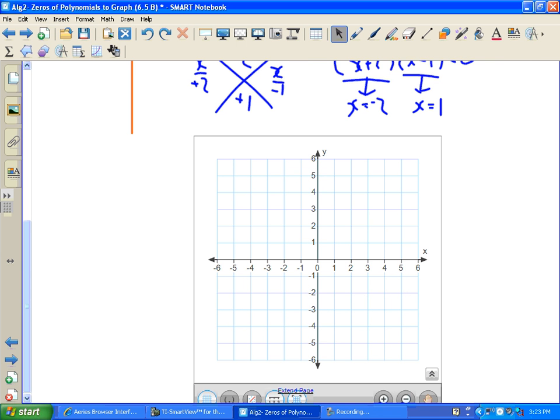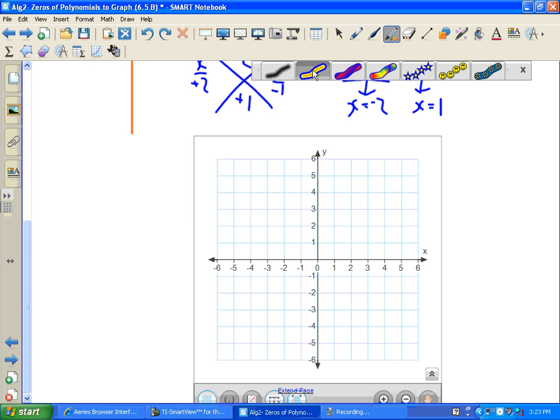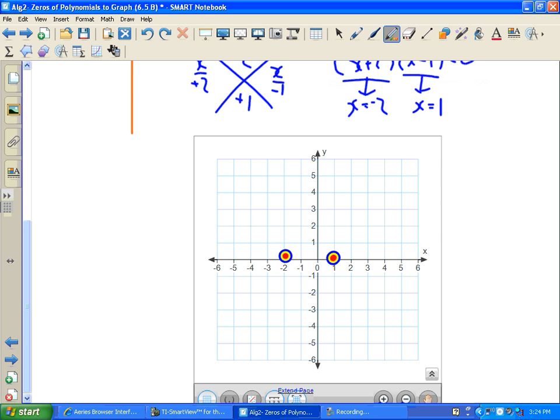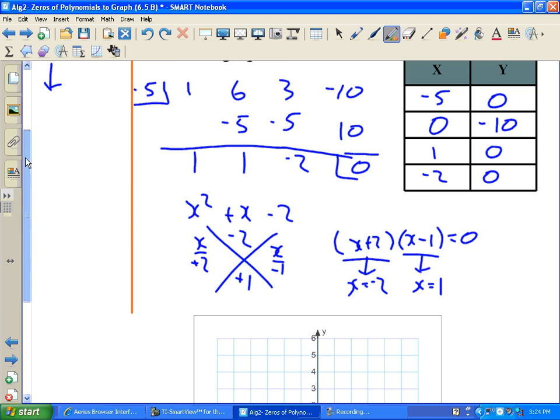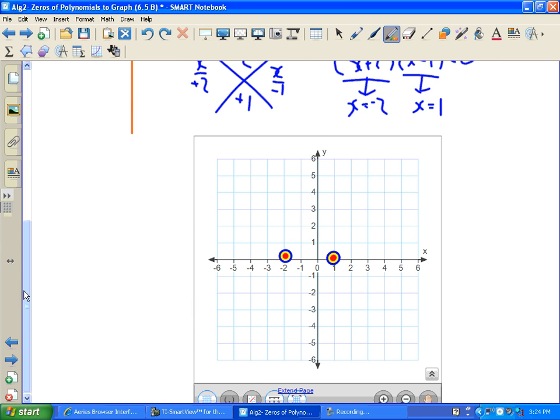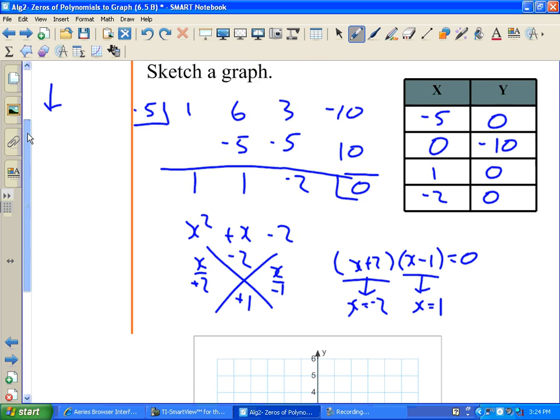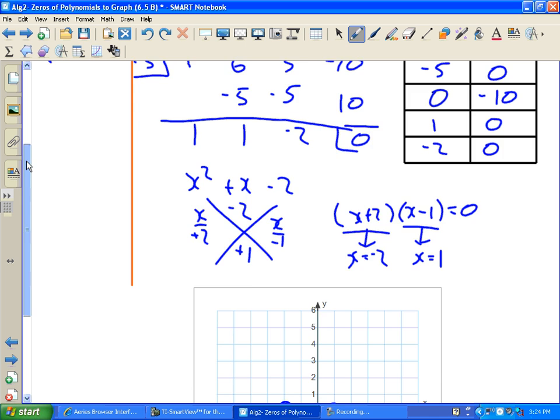Let's see. This time we're going to use little targets. Negative 2, a root. 1, a root. 0, negative 10, and negative 5, 0. Negative 5, 0, a root. And down here, that's actually negative 10. End behavior: down at one end, up on the other.